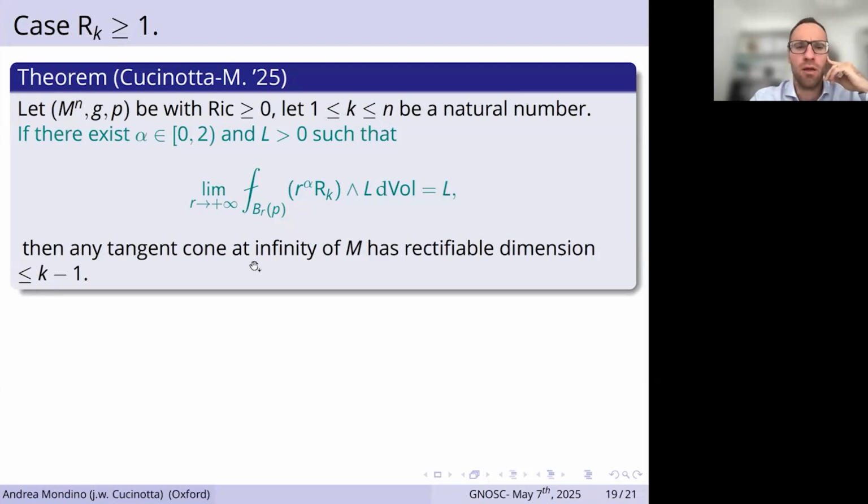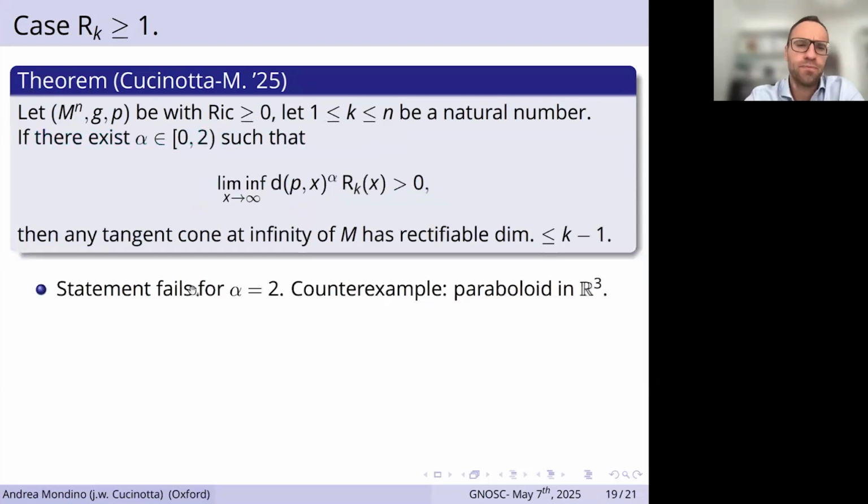And then again, you get that tangent cones at infinity have rectifiable dimension at most k-1. So you have a k-1 dimensional behavior of the tangent cone at infinity.